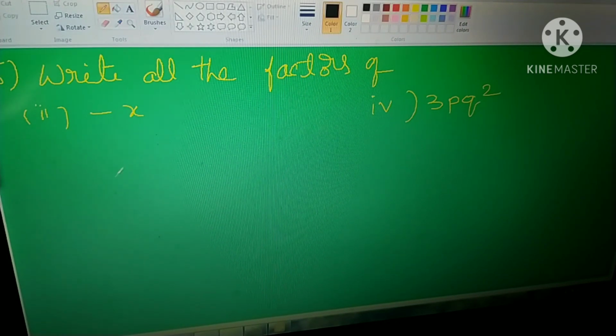In this minus x, what are the factors? Nothing is multiplying here, meaning the number is 1. So 1 into. Write down those factors: minus 1 into x.